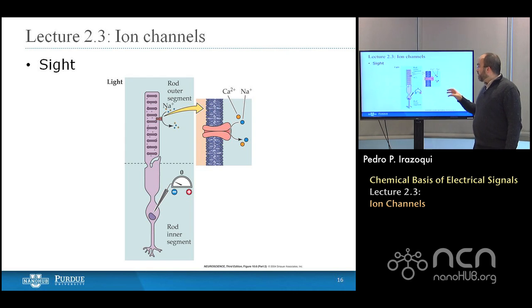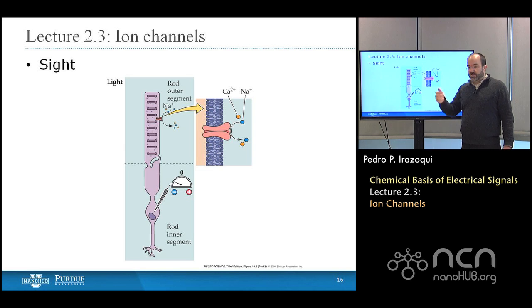So interestingly, we always talk about seeing light and not seeing in the dark, when in fact we do exactly the opposite. We see dark, we don't see in the light. So what I mean by that is that these cells fire continuously in darkness. They stop firing when they're exposed to light.